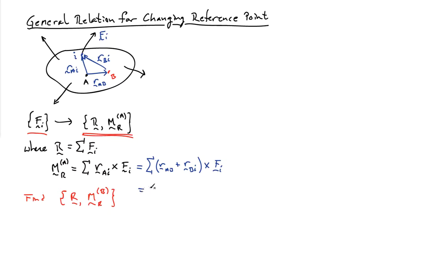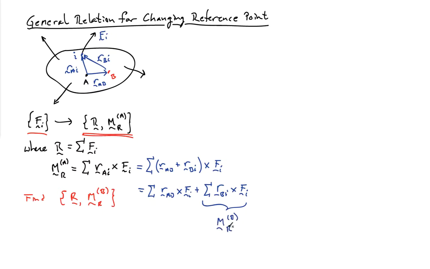If I expand this out, I have the sum of RAB cross Fi plus RBI cross Fi.